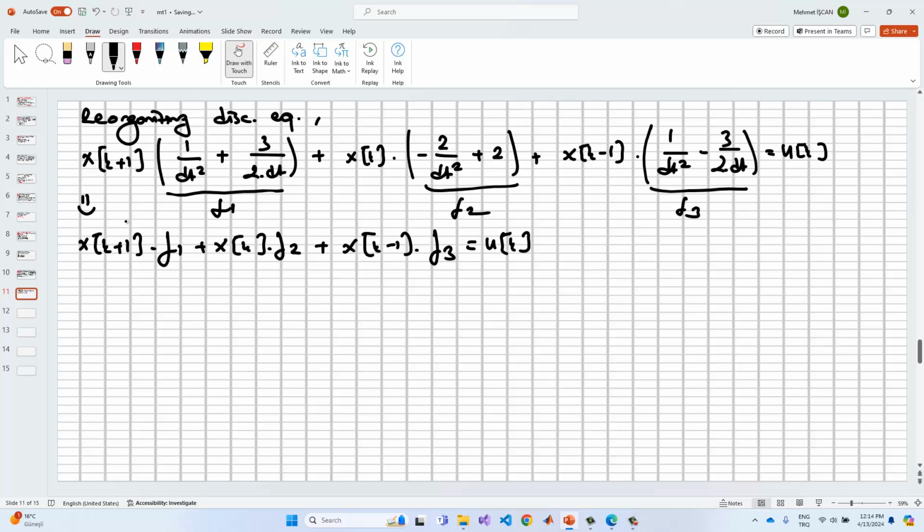Okay, and so in order to build up our difference equation, we take the xk plus 1 at the left hand side, which must be equal to the other part. So this part and this part should be moved to the right hand side.